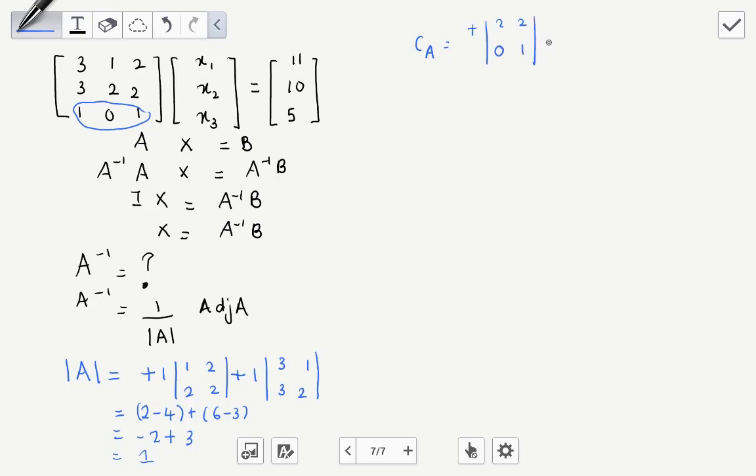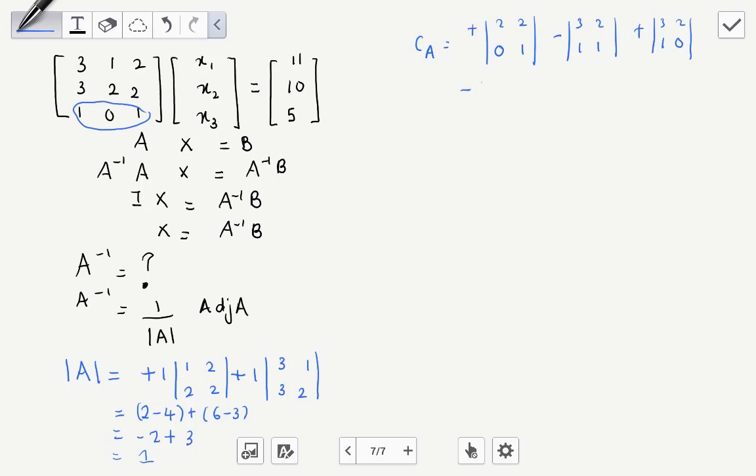Followed by a negative sign. Eliminate row 1, column 2. We will have 3, 2, 1, 1. Followed by a positive sign. Eliminate row 1, column 3. We will have 3, 2, 1, 0. Okay, so I hope you are following this.